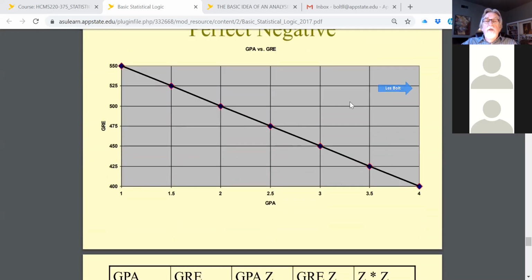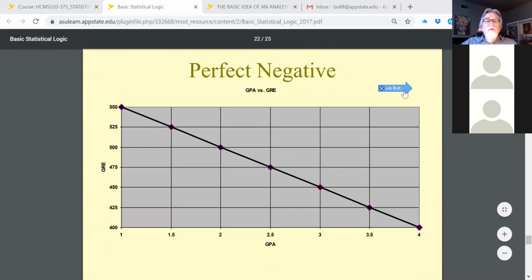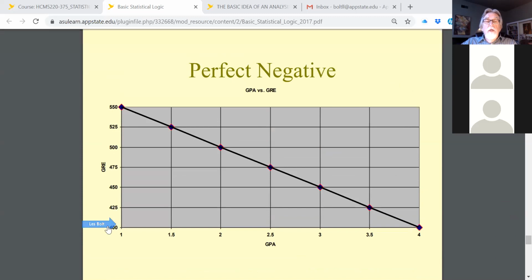Conversely, if we had a relationship in which for every incremental change in one scale up, we would get 1 incremental change in the other scale down. In other words, as one goes up, the other goes down, or vice versa. And that would also generate a 45-degree line, except it would start at the end of the values above the axes and go down to the axes, getting to the axes at the value at the high end of the other scale.